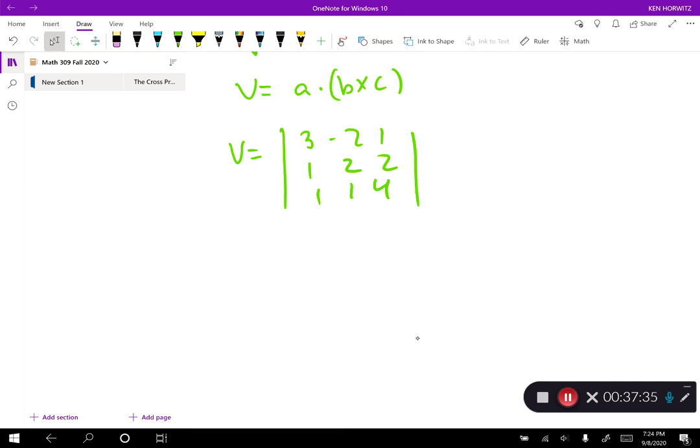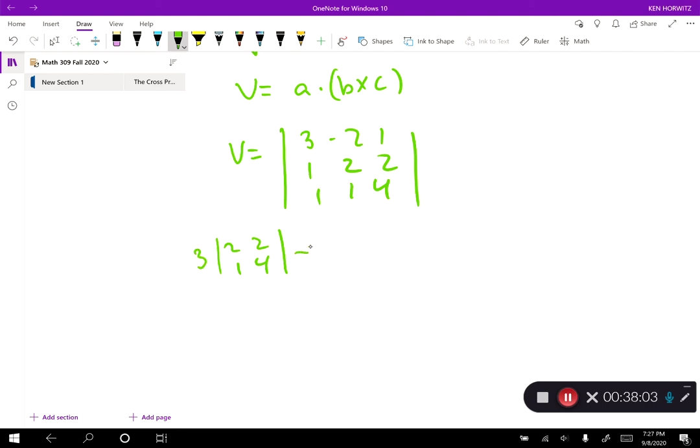All right, so you're going to do the determinant exactly the same. We're going to cover up the first column and the first row, and I wind up with 2, 2, 1, 4. Instead of putting an i, there's a 3 there, so I'm going to put the 3 in front. Makes it look better to me.